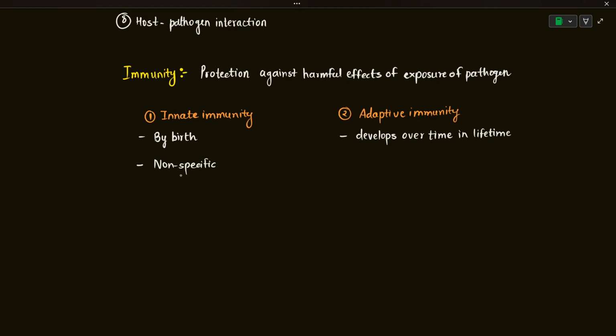No matter whether it's bacteria, a virus, a parasite, a Taenia solium, or even dust or pollen, it is going to inhibit the entry of all of those different harmful agents into our body. So the response that the innate immune system has is non-specific. It works the same for all pathogens.